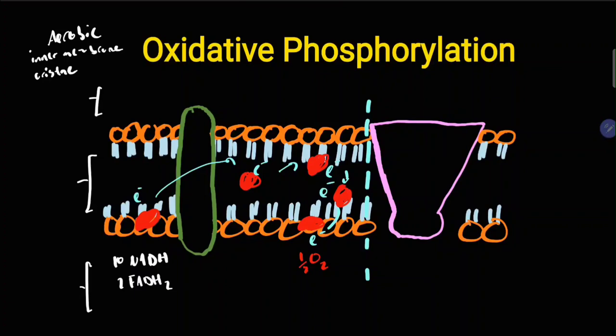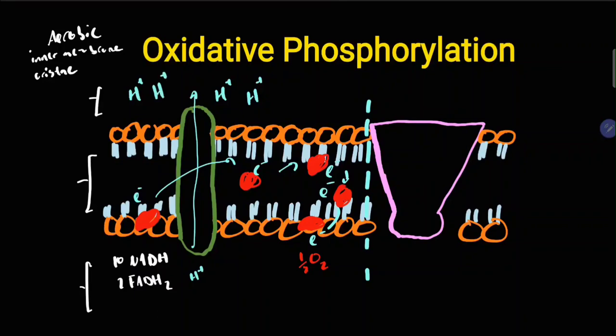Now, at the same time that the electrons are being passed along the ETC, hydrogen atoms, also called protons, are being moved through the proton pump in green. So we have a bunch of H plus here, and they move upwards here. And that causes a gradient, because now we'll have a lot of protons up here.